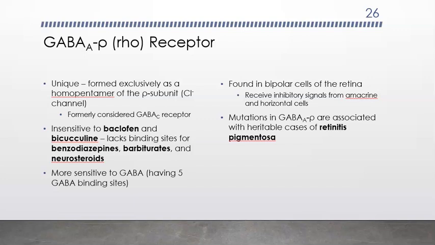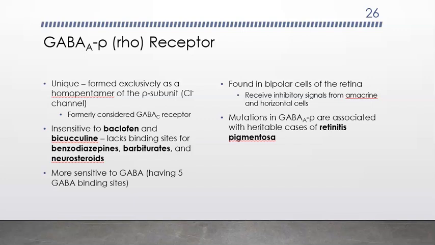Now, it is very sensitive to GABA, though, because it has 5 GABA binding sites. GABA can bind in between every single subunit. So, if you only have GABA someplace, then your ideal receptor would be this GABA A Rho, because then you only need GABA and you'll get activation all the time.